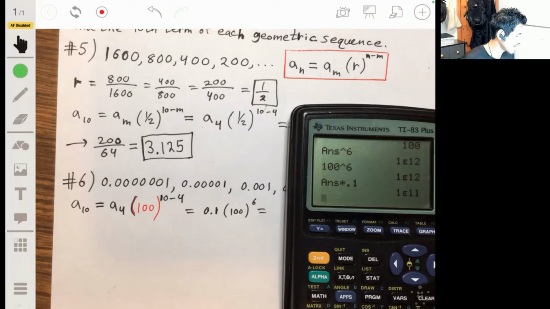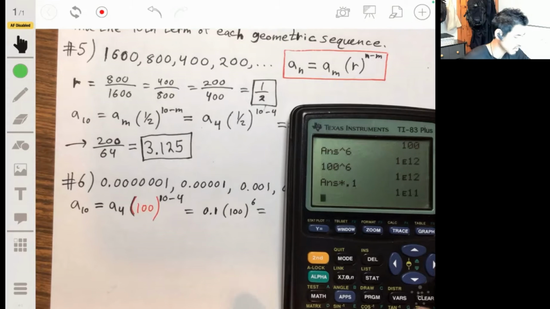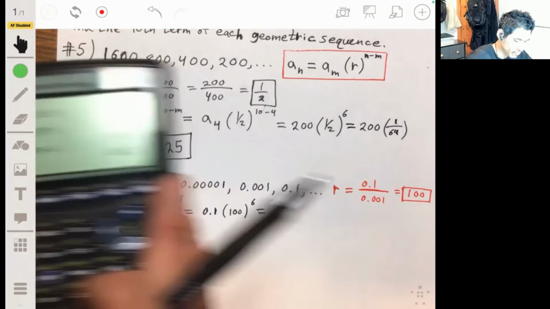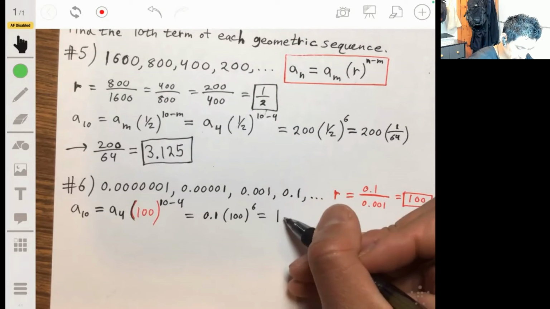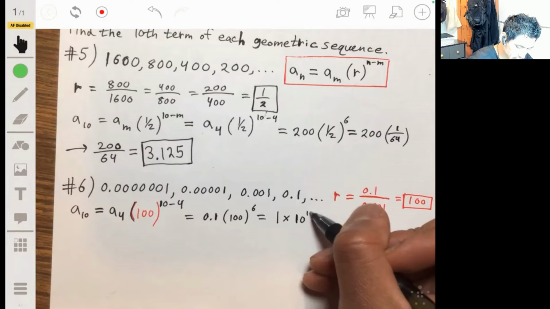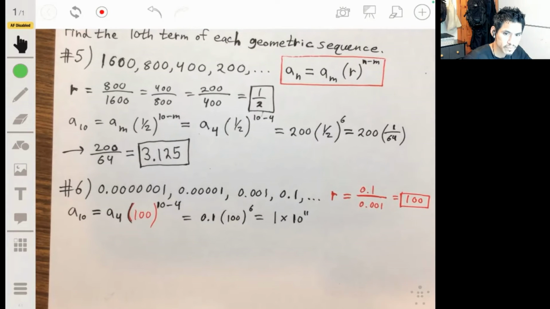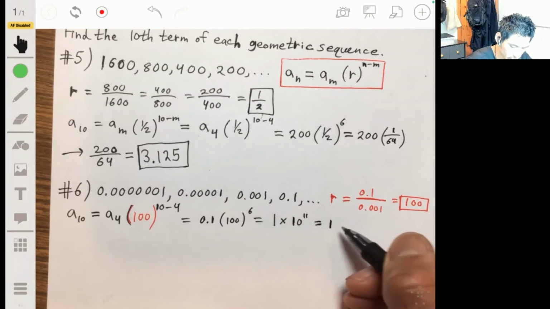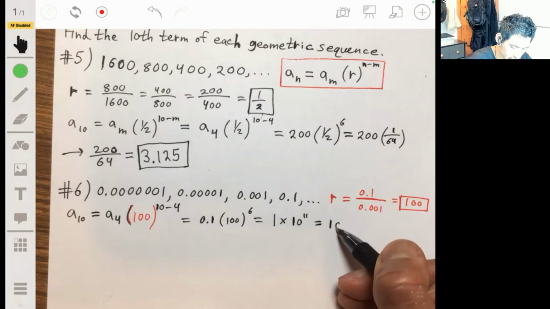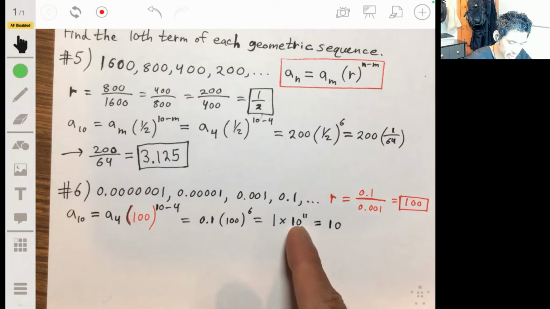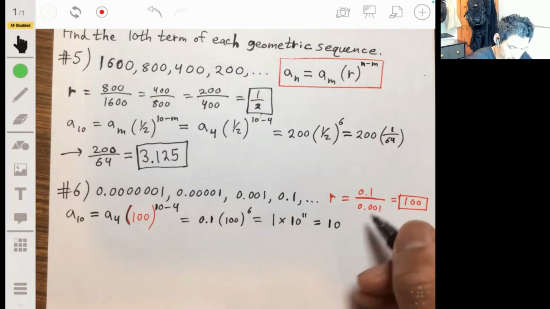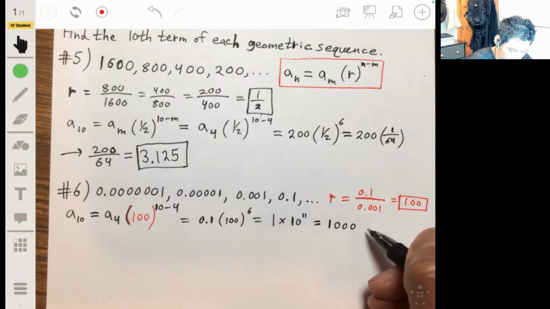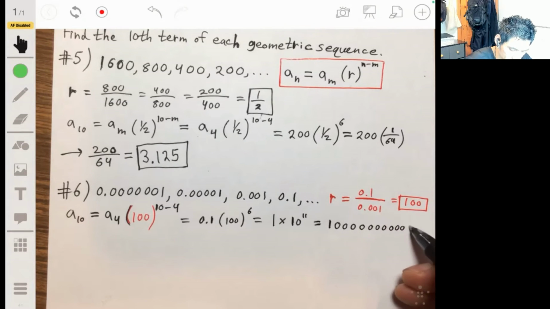This is 1 times 10 to the 11th power, which is a 1 followed by 11 zeros: 1, 2, 3, 4, 5, 6, 7, 8, 9, 10, 11.